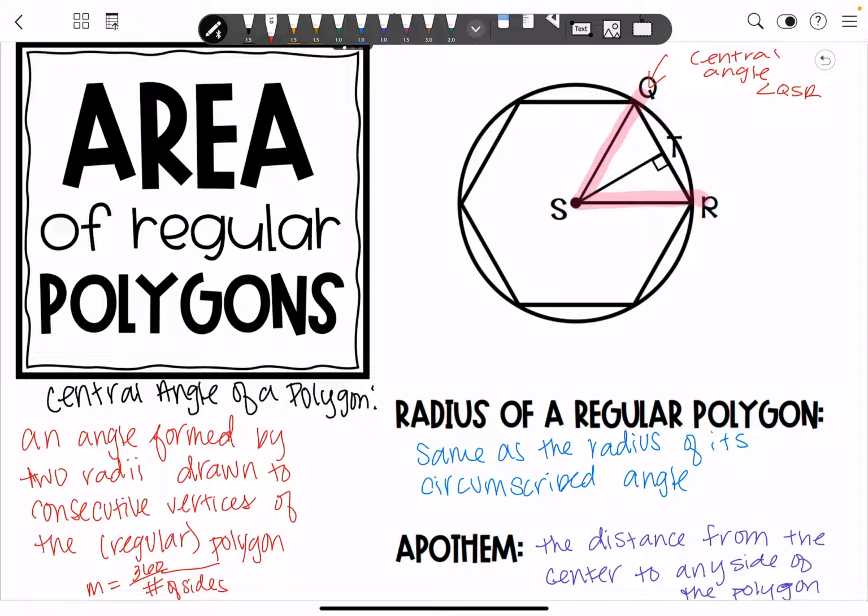It's made by two different radiuses, or radii. That's the appropriate way of making it plural. And so we've got our radius right here. It could also be QS, whichever one you want to label, but these right here, that's your radius. So SR or QS.